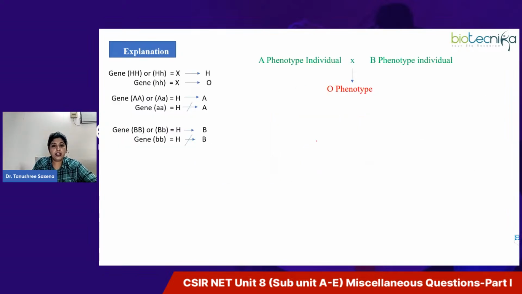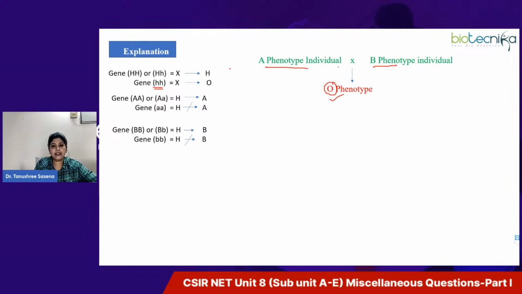Now, in the question, it is mentioned that an A phenotype individual, when crossed with a B phenotype individual, gives an O phenotype. One thing is very clear: the O phenotype can only be obtained if this allele is present in homozygous condition in the progeny.